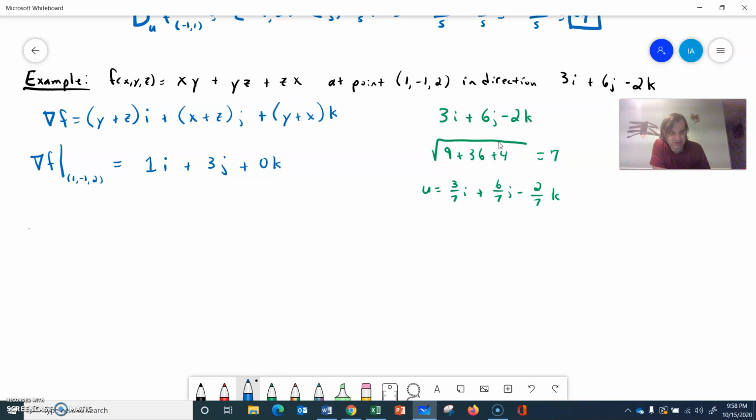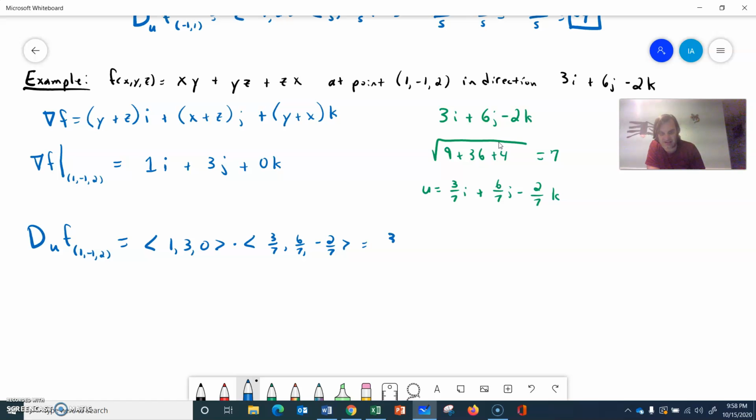So the directional derivative in the direction of u of f at the point 1, negative 1, 2 is the dot product of 1, 3, 0 and 3/7, 6/7, negative 2/7. So what is this? 3/7 plus 18/7 plus 0 equals 21/7 equals 3.